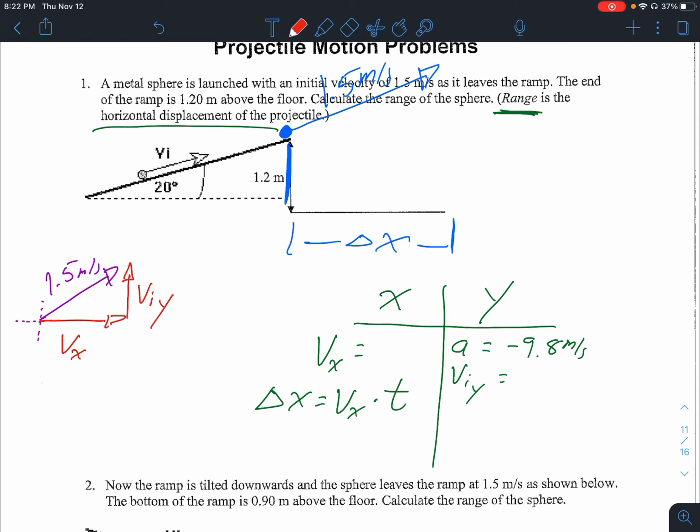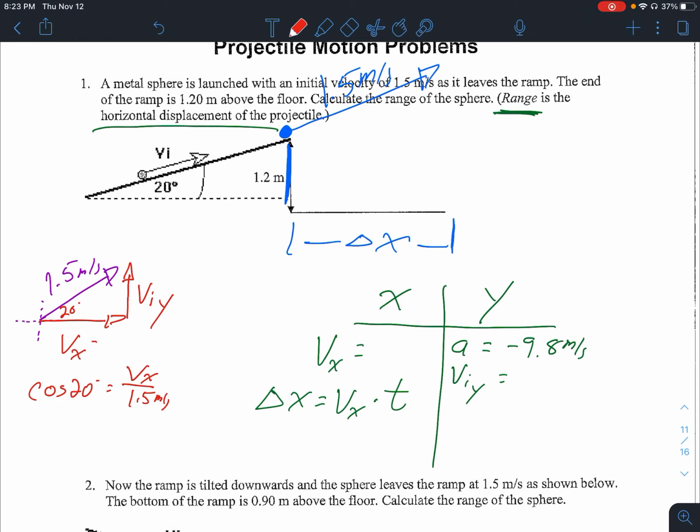So the way this problem is set up, we know how to get our answer here. There's an easy way to calculate Vx, and then time we're going to get from the y. So just breaking up this 1.5 into components to get Vx. Okay, I didn't label my angle. To get my horizontal side, I'm going to use cosine. So cosine of 20 degrees is adjacent, which is my x component of velocity, over the hypotenuse.